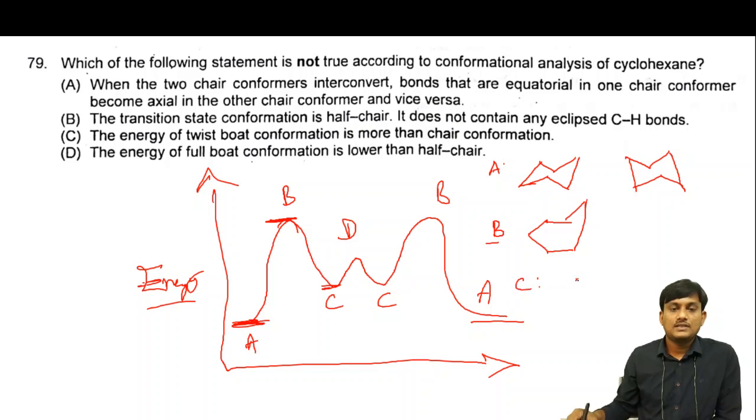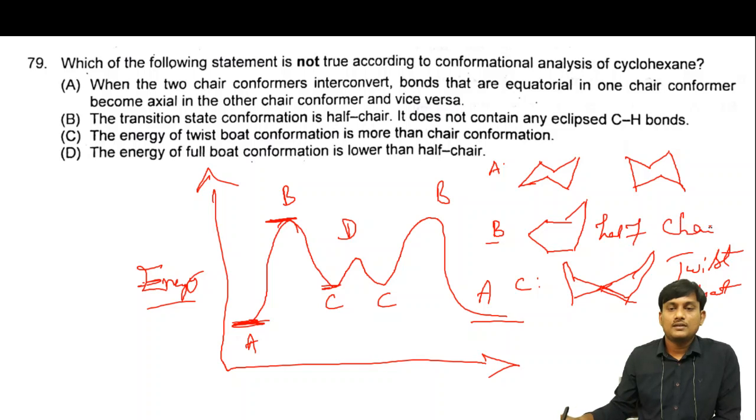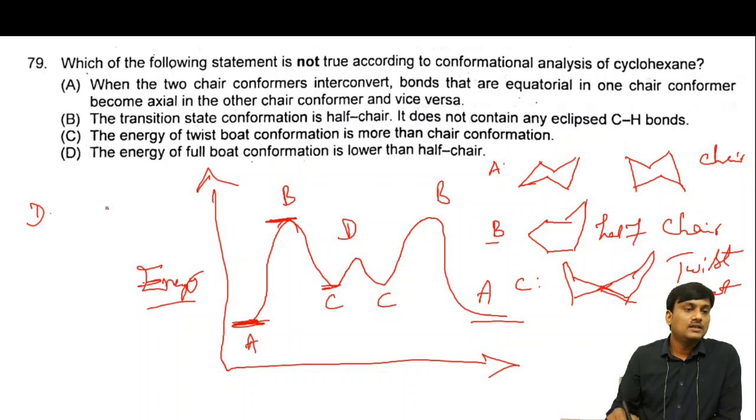This is a twist boat structure. And this one is the half chair, and this one is the chair. And what is D? D is a boat. This is the boat structure we have.